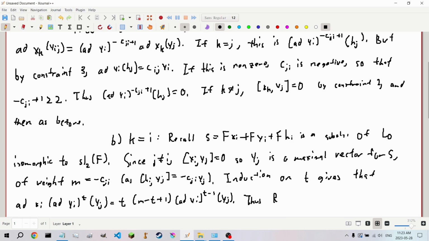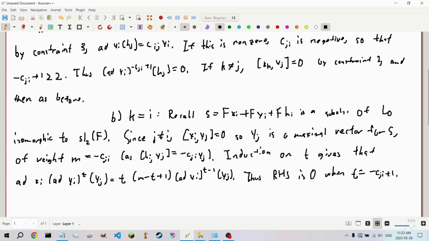Thus, the right hand side of this is 0 when t is equal to minus cji plus 1. That's the end of our proof.